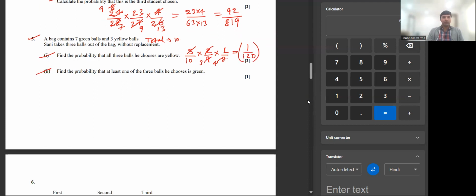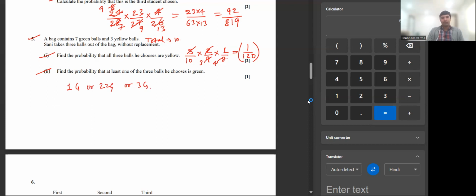Next one. Find the probability that at least one of the 3 balls he chooses is green. Okay, so now see all the possibilities. At least one of the 3 balls means what? At least means one green ball or 2 green balls or 3 green balls.